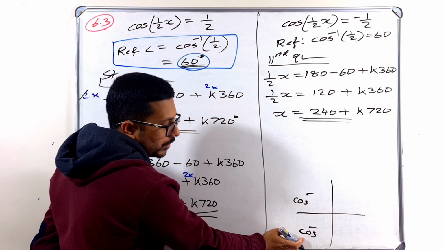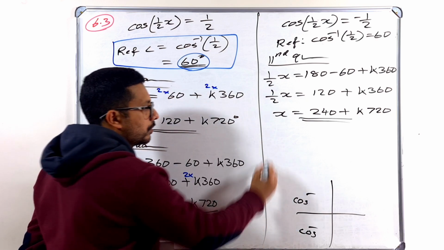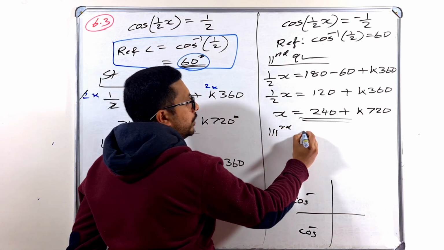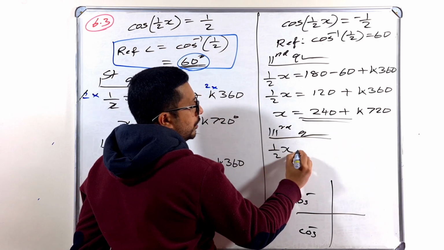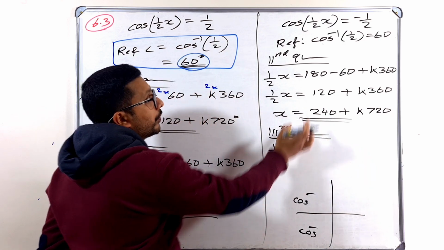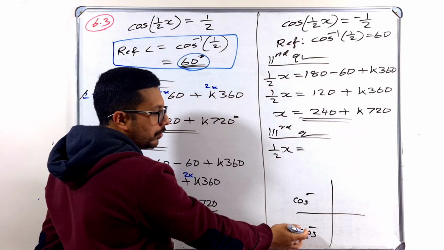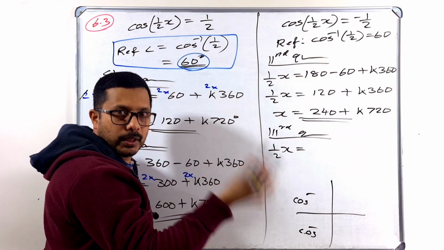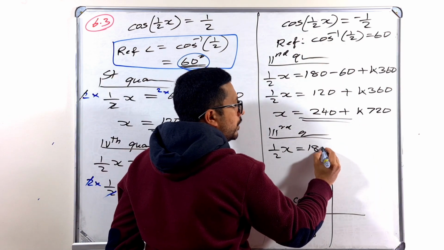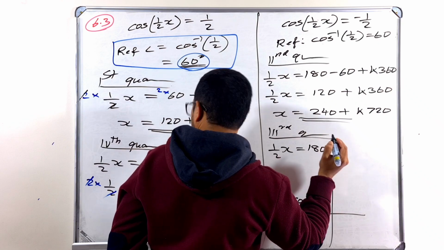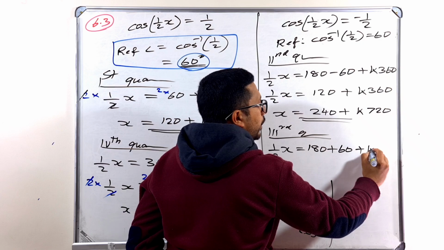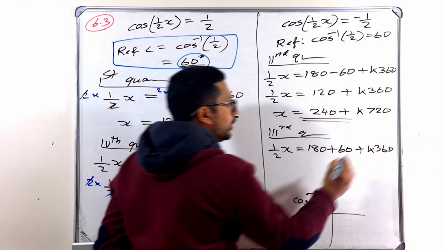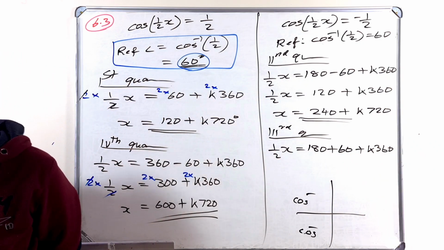So similarly cos is negative on the third quadrant also. So third quadrant, there half x is equal to, our angle is half x, this one. Then third quadrant, how can you write? 180 plus reference angle plus k 360. 180 plus 60 means it is 240.